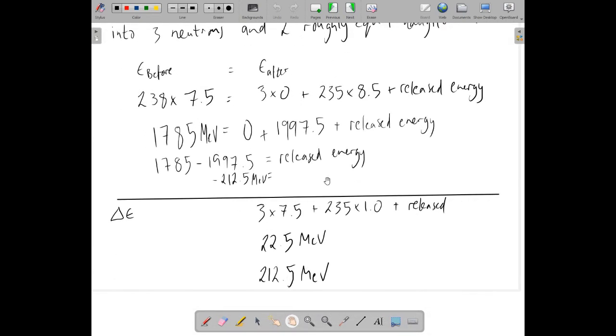Now, I also did a little cheeky sneak way where I just looked at the change in energy. Now, for my initial nucleons, I'm just saying that that's initially 0, and then if I look at the change in energy, I had 3 nucleons whose energy increased by 7.5, and I'm just going to go back to the graph.